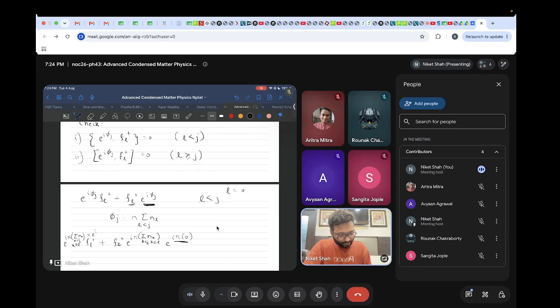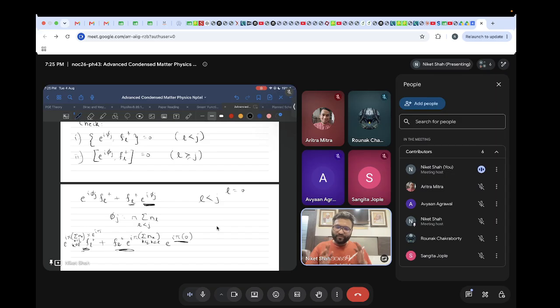Multiplied by e raised to power I pi, I'll have another e raised to power I pi here, because the L state is now occupied, so that NL will be 1, and that will give me an additional phase factor of e raised to power I pi. The phase difference between these two terms will be e raised to power I pi, whatever state I am in.